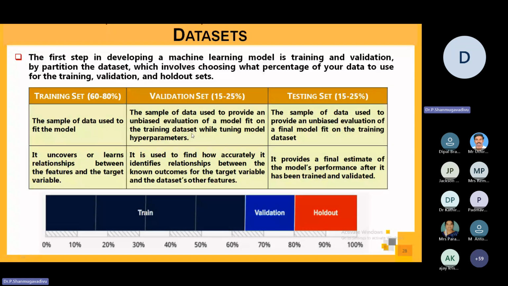So the validation set is the sample of data used to provide an unbiased evaluation of the model fit on the training data set while tuning the model. Underline this. This is called hyperparameter tuning, right? That is the first point in validation testing.